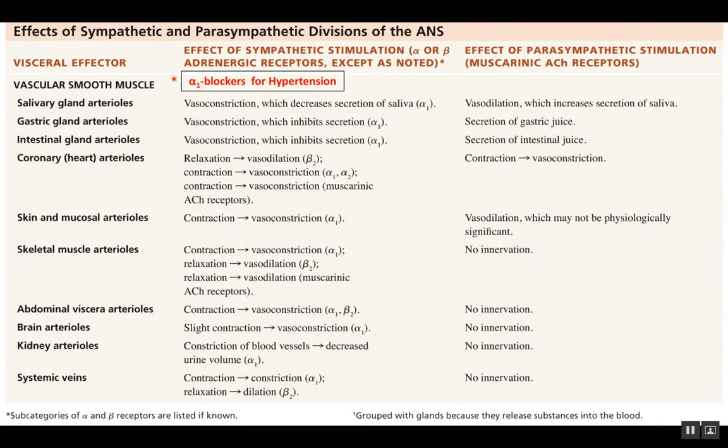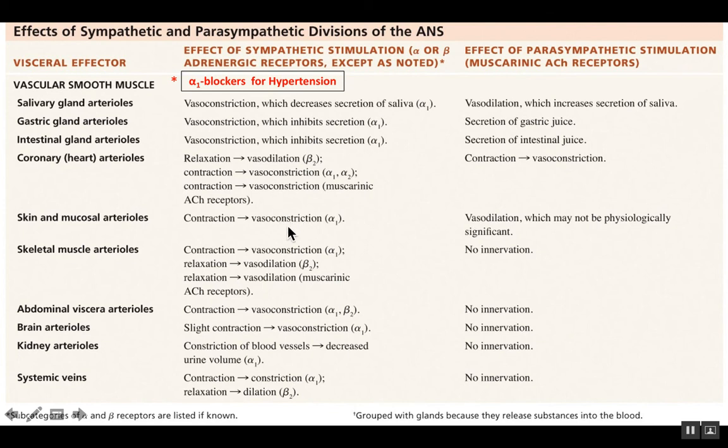So if vasoconstriction increases blood pressure, let's design a drug that blocks that. And those are called alpha-1 blockers. Alpha-1 blockers are a class of drugs for hypertension because we're blocking the sympathetic response. The sympathetic response is vasoconstriction. Notice, a lot of vasoconstriction on this side.